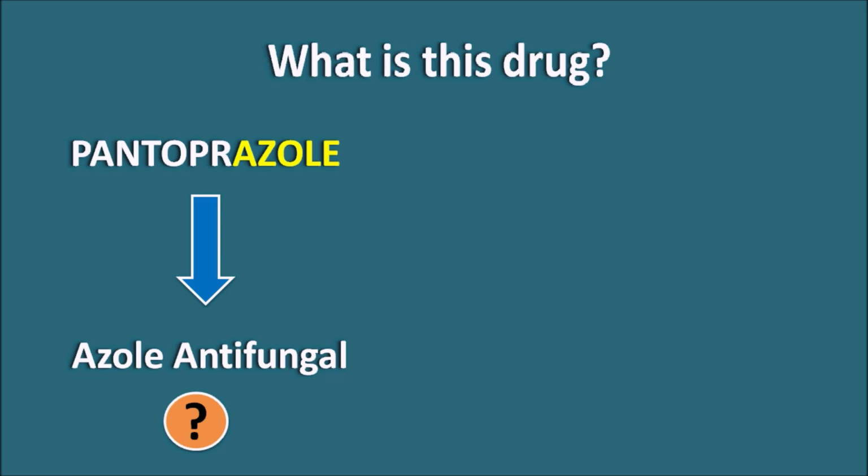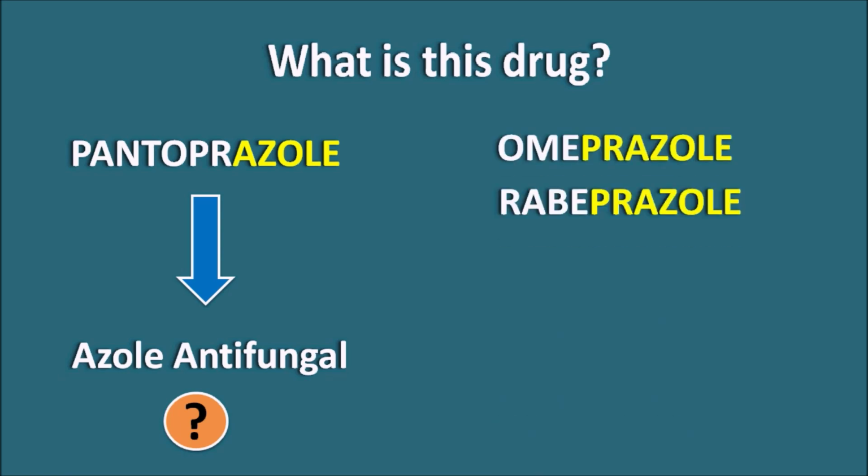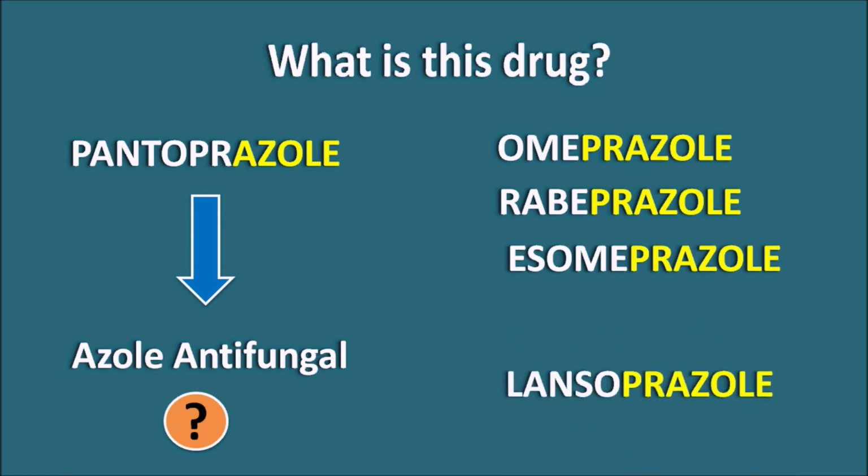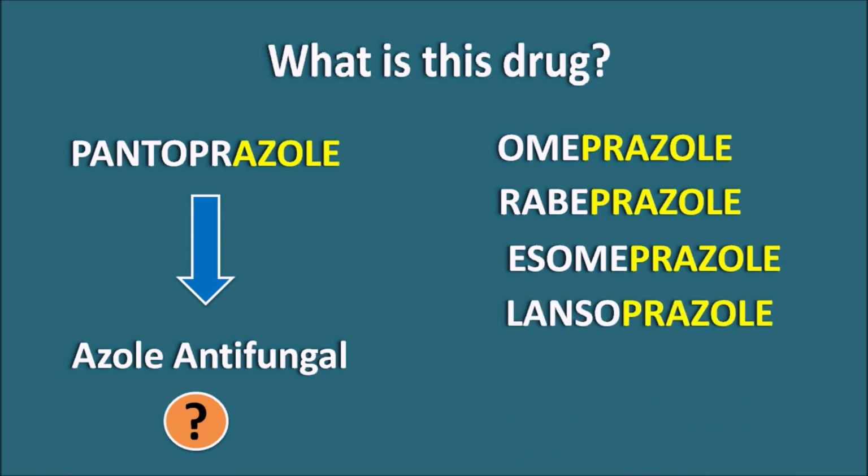Actually here we should not confuse the suffix of pantoprazole with the azole antifungals. Pantoprazole has the suffix prazole. Within this category we can observe other drugs like omeprazole, rabeprazole, esomeprazole, lansoprazole. All these have a common suffix prazole. So prazole indicates they are proton pump inhibitors.